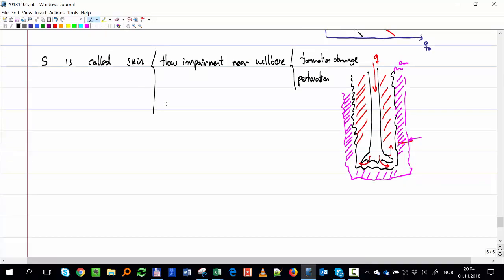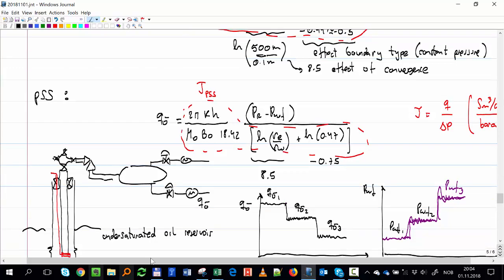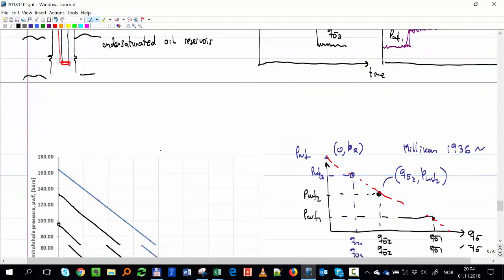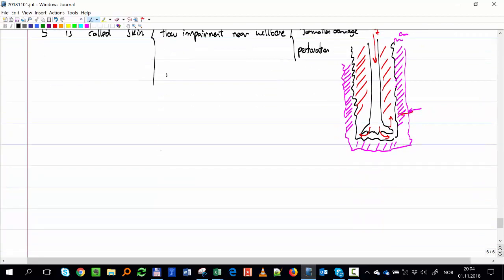So how do I account for that skin in this equation? How do I include skin somehow in this equation? We will see the effect it has if we plot our wellbore, and we plot our pressure versus radius.